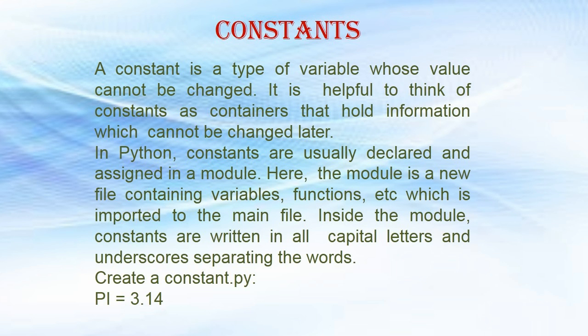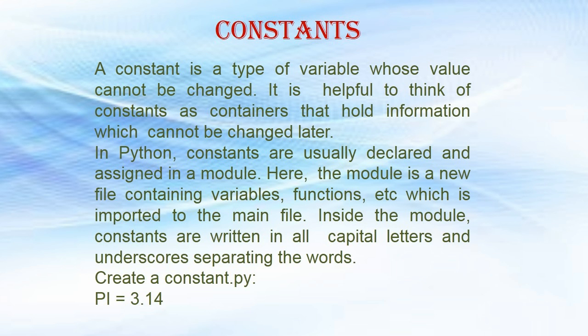Here the module is a new file containing variables, functions, etc., which is imported into the main file. Inside the module, constants are written in all capital letters with underscores separating the words. For example, create constant.py, PI equals 3.14.